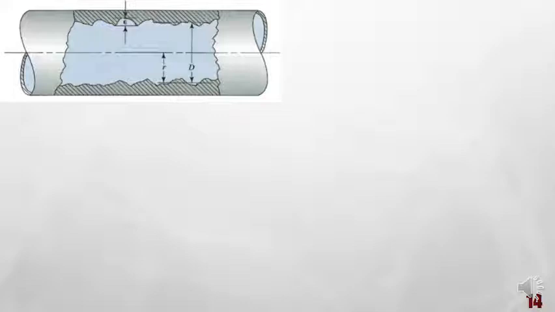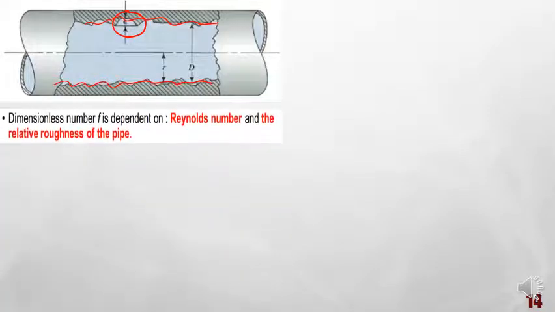If you can see the effect here, the surface of the pipe might influence the friction loss that occurs inside the pipe. That's why the surface roughness is a very important parameter. The dimensionless number F actually depends on the Reynolds number and the relative roughness of the pipe.